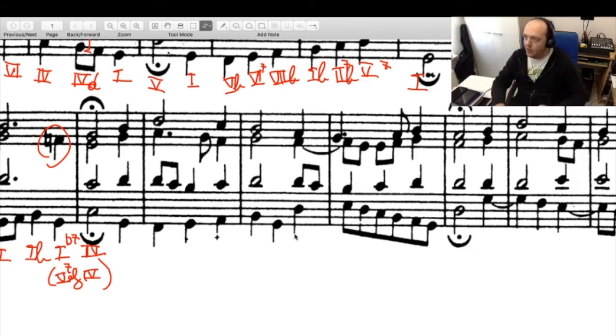Just the bar before the cadence chord. The bar before the cadence chord is very rich. Look what happens in the bass. That was bass and tenor.